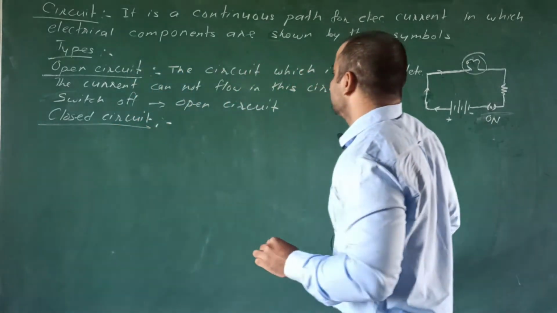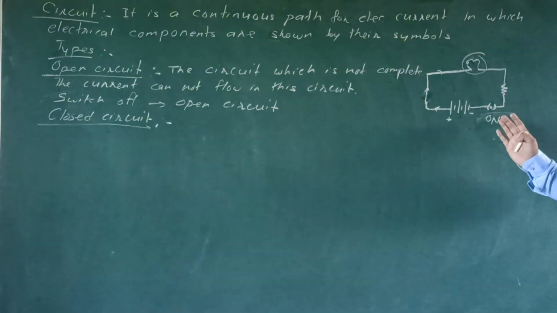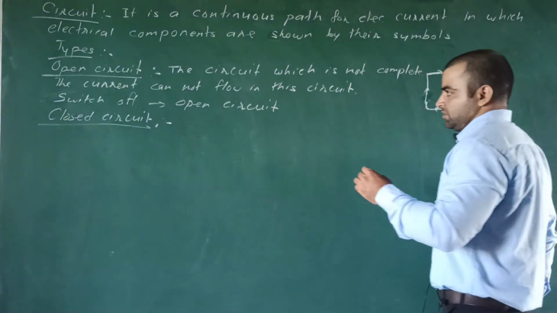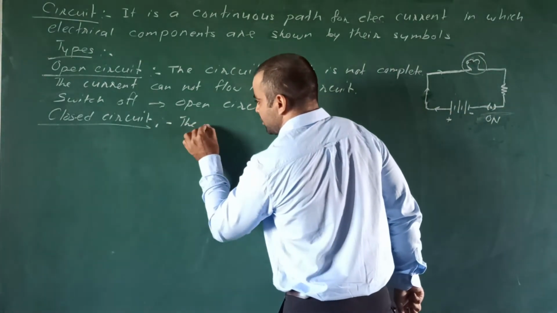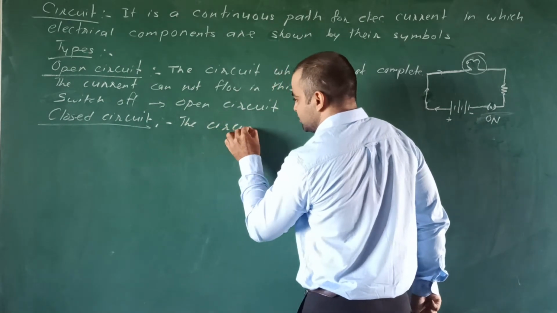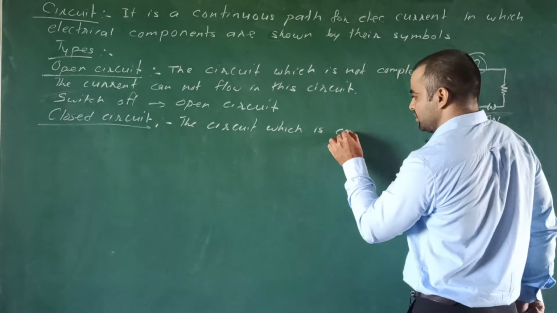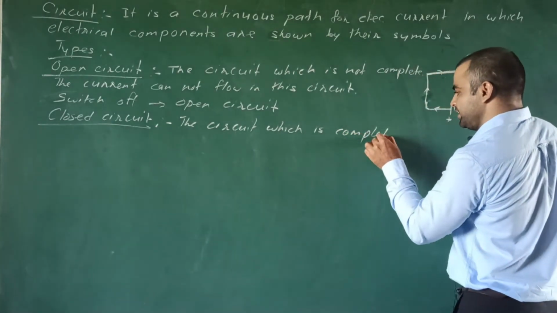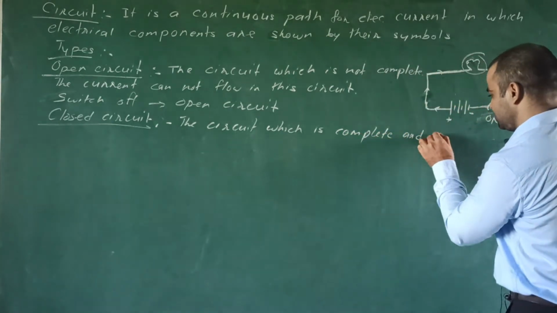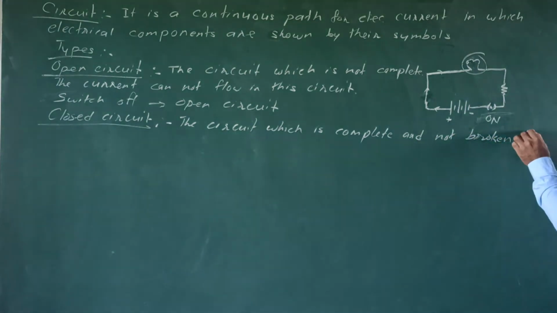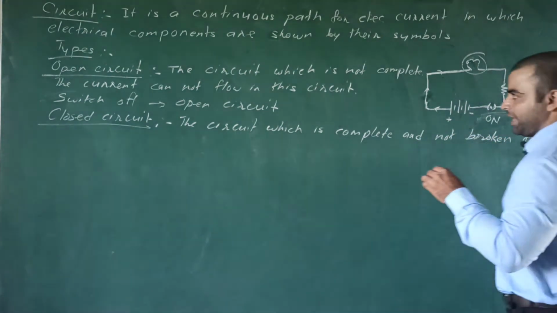Now the closed circuit. A closed circuit is a circuit which is complete and not broken from any point.